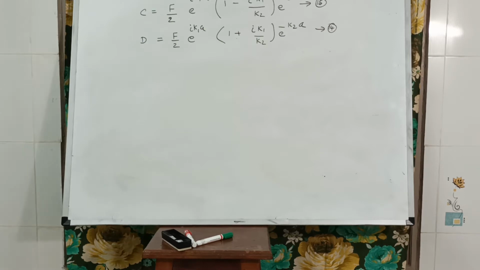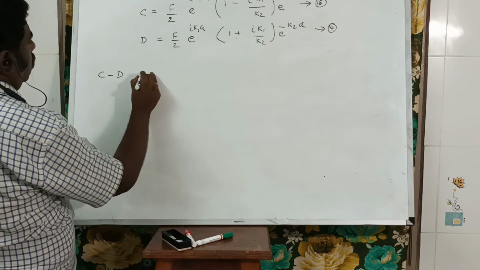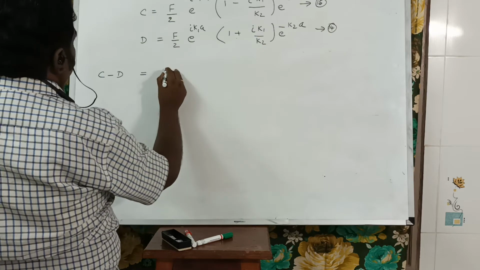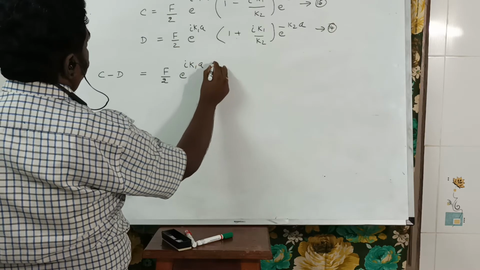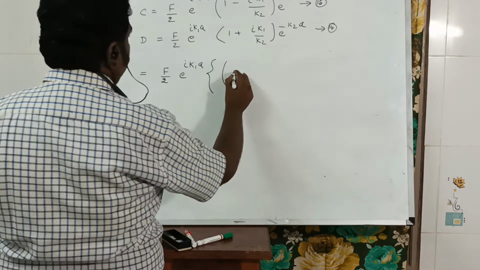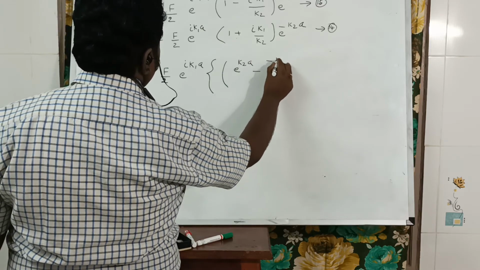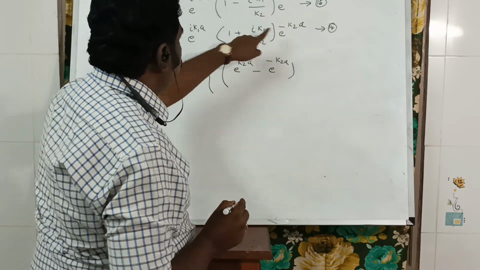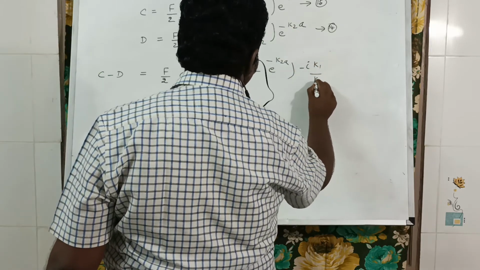Now we have to find out the value of C minus D from equations 14 and 15. This is F by 2 e power i k1a into e power k2a minus e power minus k2a, then take this minus i k1 by k2 outside.